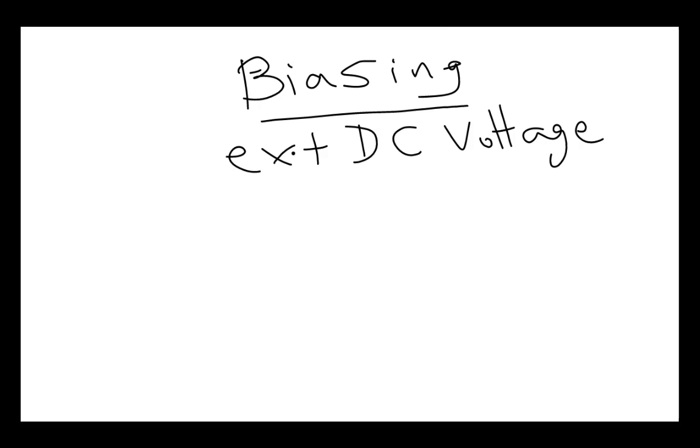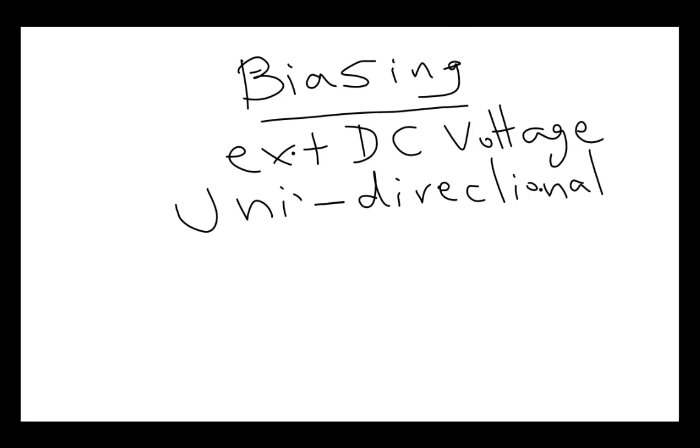Biasing also makes the diode current flow unidirectional, which means the current flows in only one direction, and dominated by majority carriers. We will talk about minority carriers a little later.